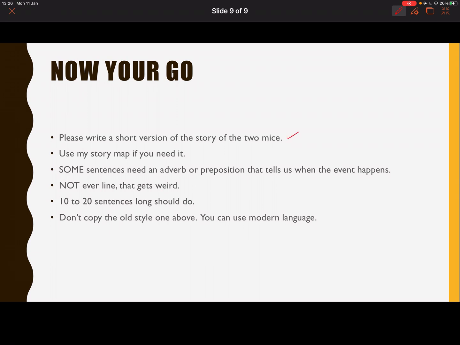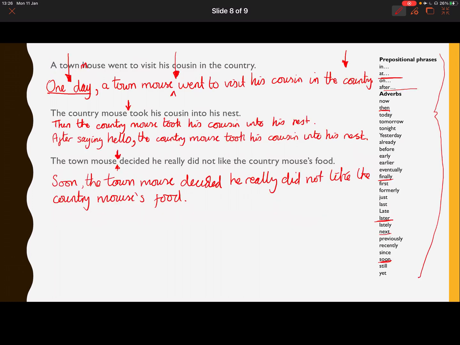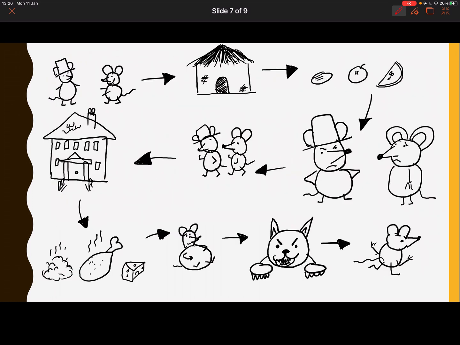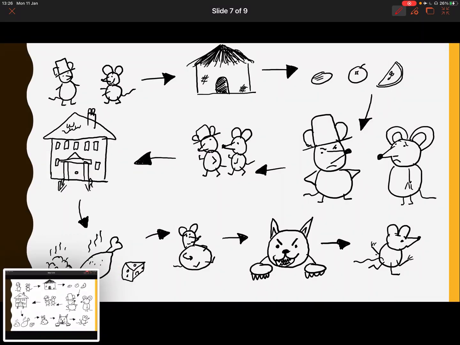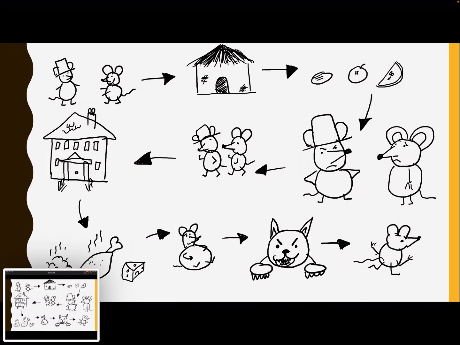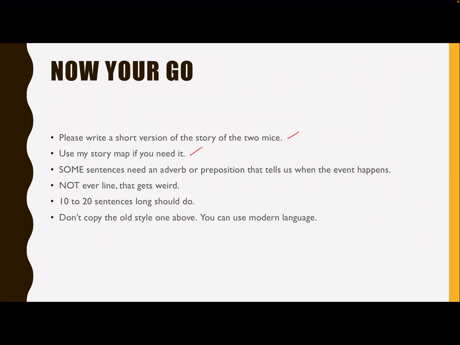Use my story map if you need it. Just look at that page and just use that. In fact, let's take a screenshot of that so that I can send a copy to you as well. Some sentences, and notice I've said some, need to have an adverb or prepositional to tell us when the events happen.